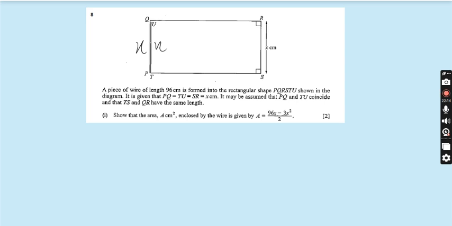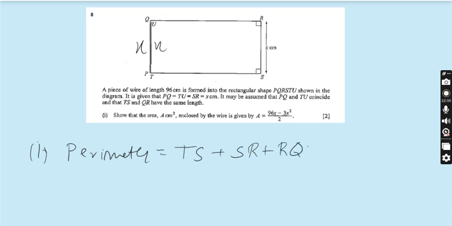So the total length of the wire is given 96. If we find the perimeter of the shape, you can write TS plus SR plus RQ plus QP plus TU, because PQ and TU both coincide.